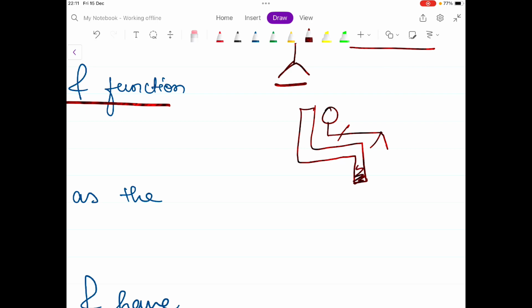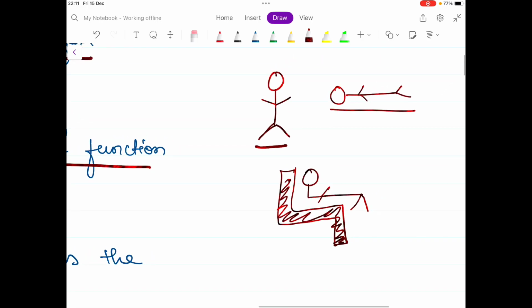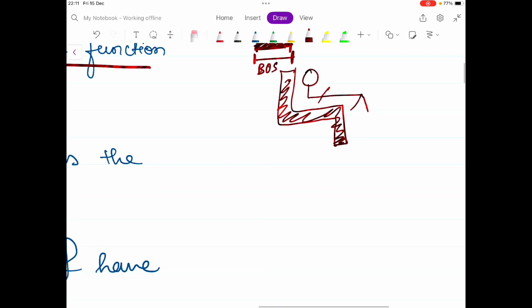If you look at all 3 diagrams a little closely, the base of support is the area occupied by a body when it is in a certain position. When standing, the area covered is this much, so this will be the base of support. If they are sleeping, the area covered by the body is this huge, so the base of support is bigger.